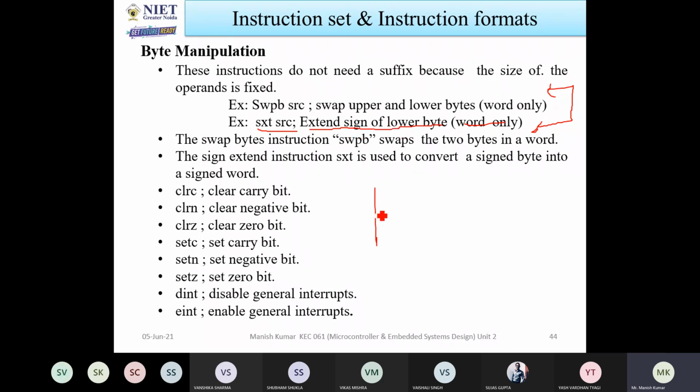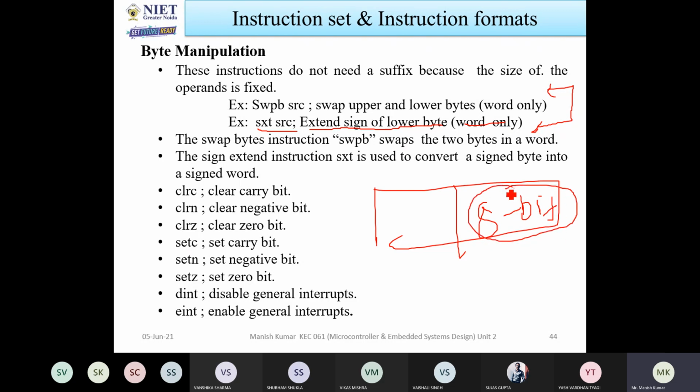Let us consider any 16-bit number, 8 bits on this side and 8 bits on this side. Suppose you want to use this 8-bit part as a signed number. Then you have to put one extra bit in place of this 0, here 1. 1 indicates a negative number and 0 indicates a positive number. So in this case it will be used.